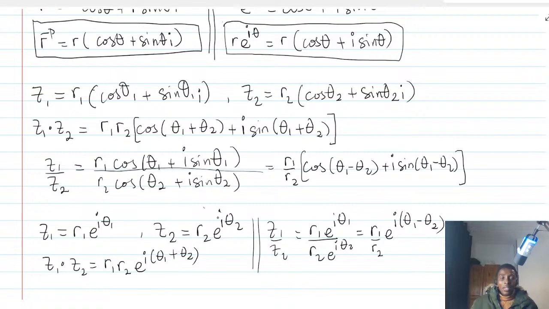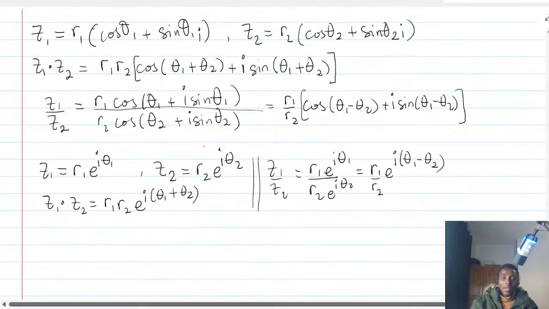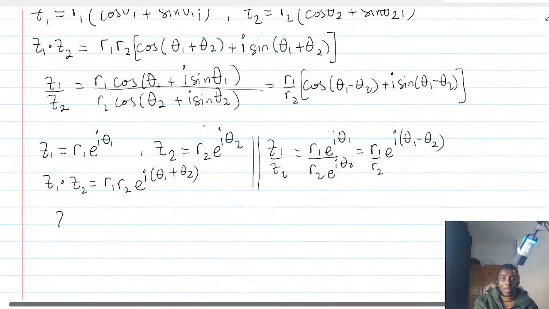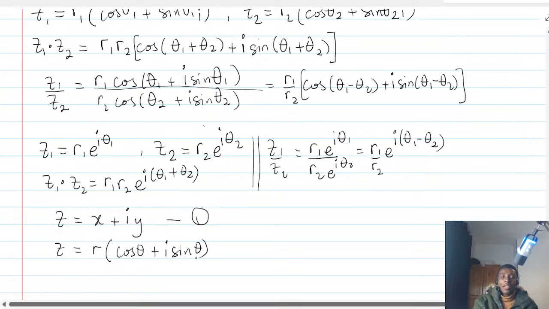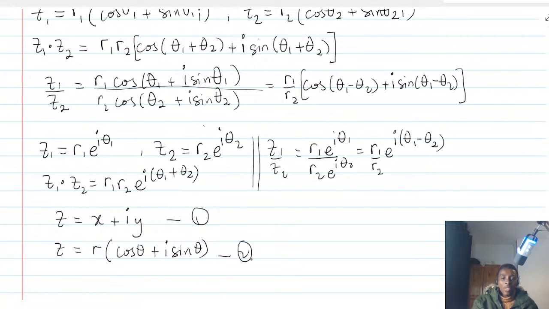So in fact, the idea is that I have given you three forms of a complex number. You can represent a complex number in three forms. Number one, Z equals x plus iy. You can also represent a complex number by r into cos theta plus i sin theta. This is another form. And then finally, you can represent a complex number using Euler's identity.